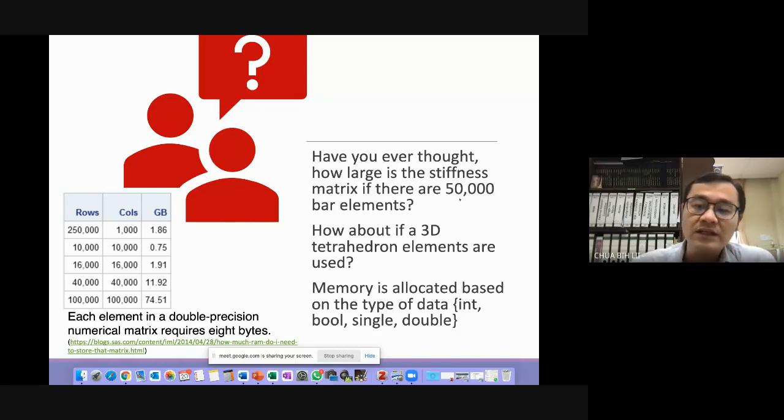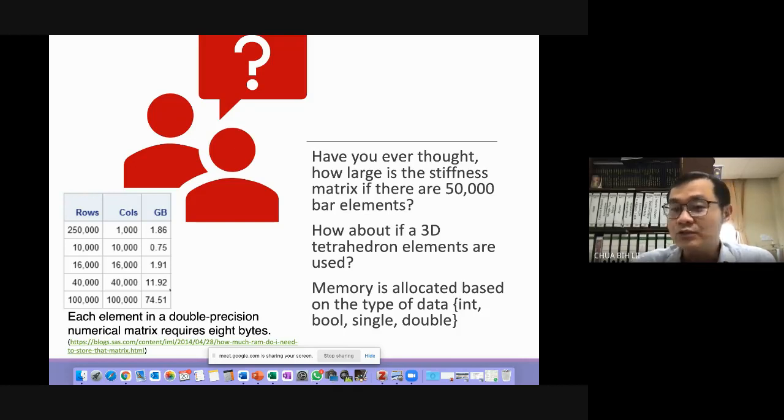We can estimate roughly that 40 times 40 thousand is already 11.9 gigabytes. So a 50 times 50 thousand matrix will take at least 12 gigabytes of memory to store this form of matrix.